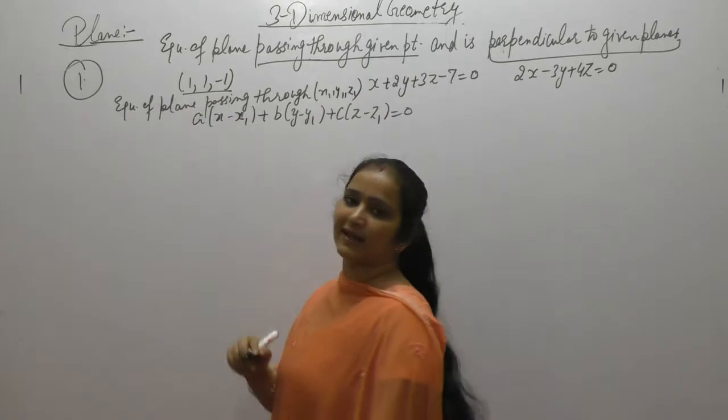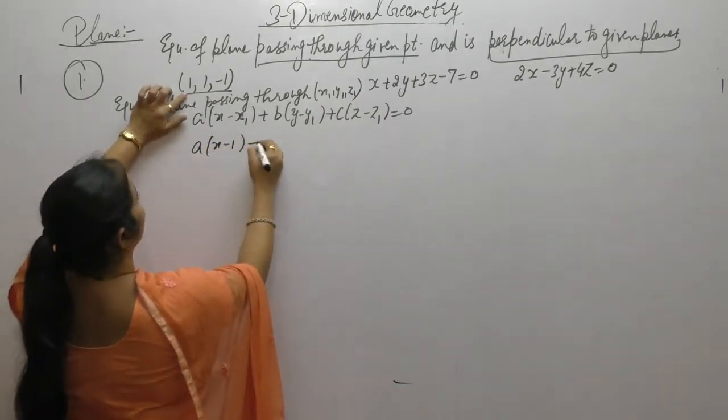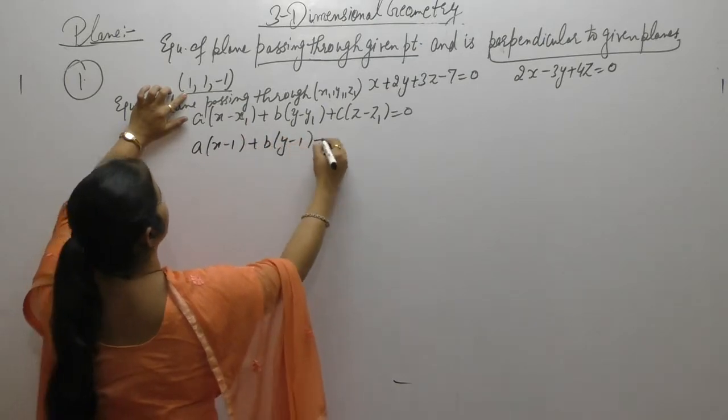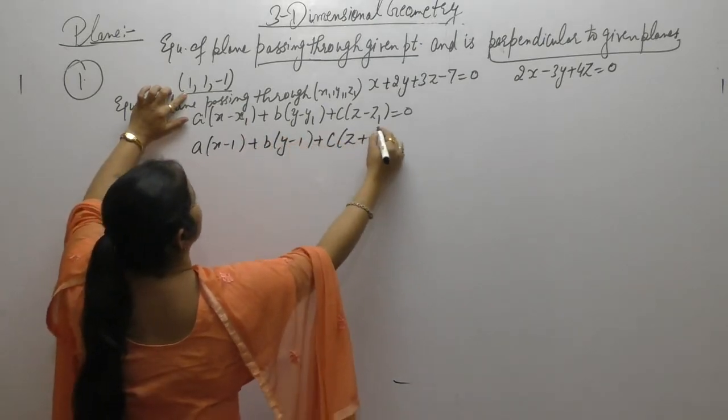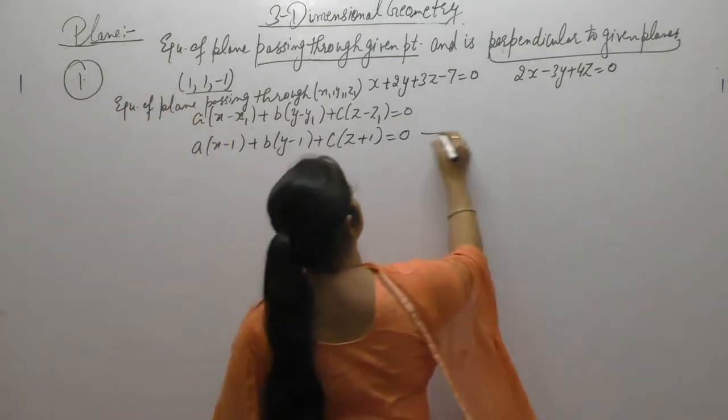Now this is given. Put the values: a(x - 1), b(y - 1), c(z + 1). Now this is the equation of plane passing through this point.